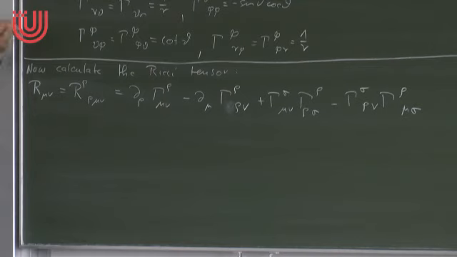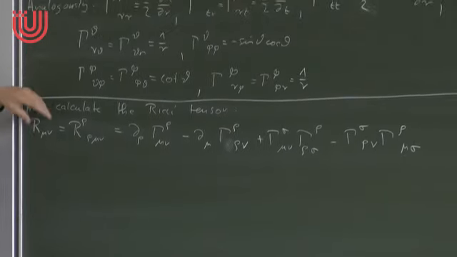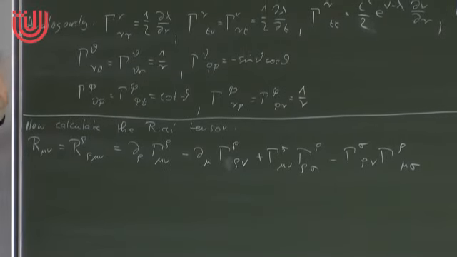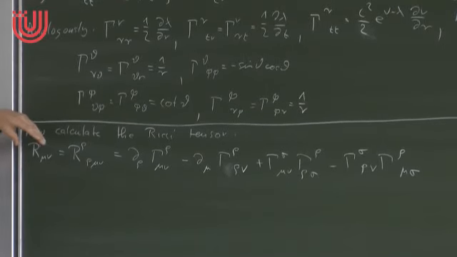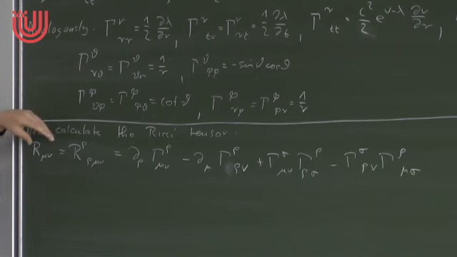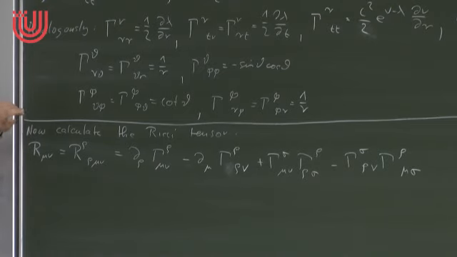It's not exactly great fun to do this calculation, but one has to do this. Of course, there are computer programs which do this for you. But I think once in one's life, one should have done it by hand to get a feeling for the structure. So there are computer programs that feed the metric in, and they give you the Christoffels, the curvature tensor, the Ricci tensor, whatever you like.